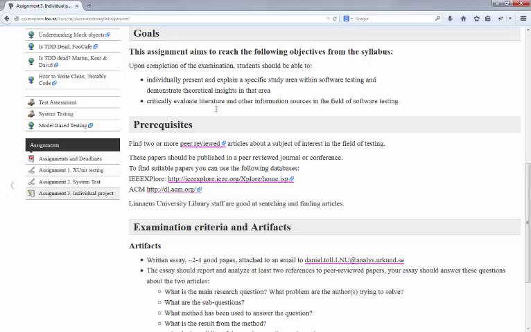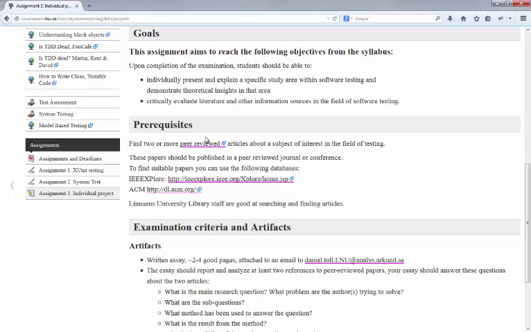So, okay, in order to do that, I want you to find at least 2 papers, 2 scientific articles on testing. And they should be peer-reviewed. And you can read up on peer review if you don't know what that is. But what it means is that it must be proper research. It's not popular science.